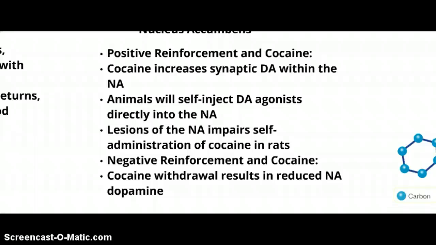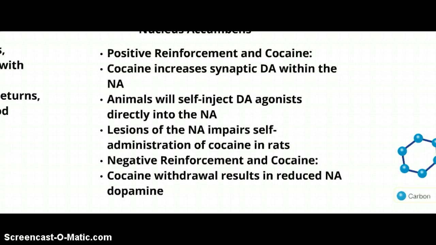So it increases the dopamine within the synapse, and that's in the nucleus accumbens, a part of the mesolimbic system. Animals will self-inject all sorts of dopamine agonists directly into the mesolimbic system and the nucleus accumbens. And if you lesion the nucleus accumbens in rats, they'll stop administering cocaine to themselves.